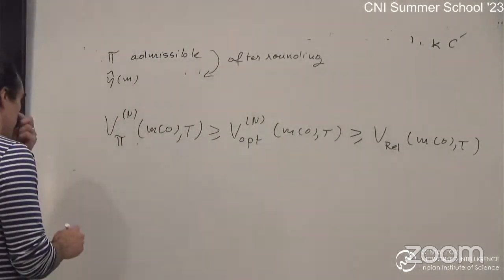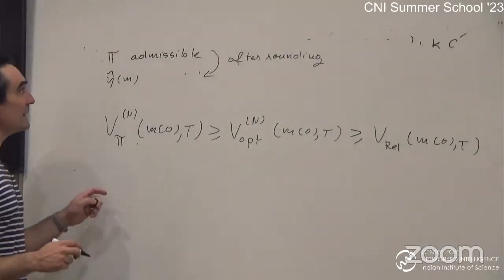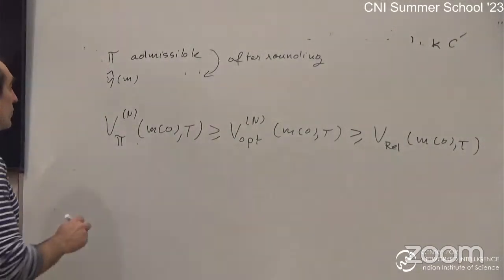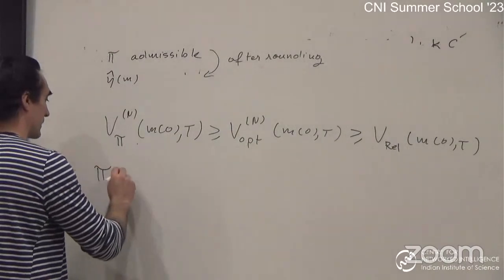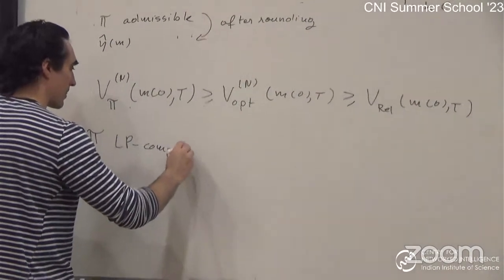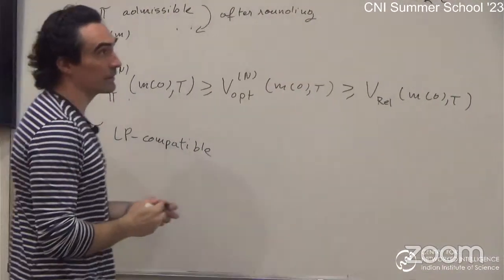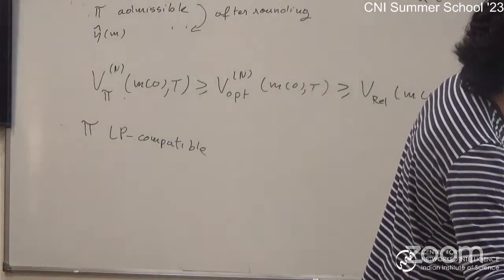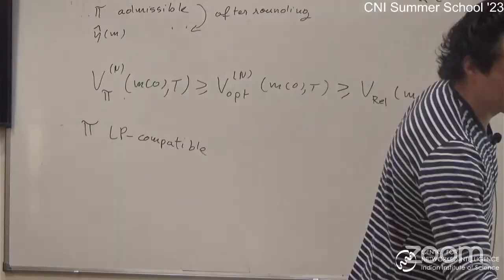Now, let's say that pi is also LP compatible. What does it mean?